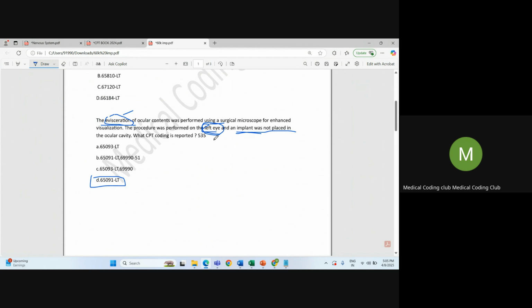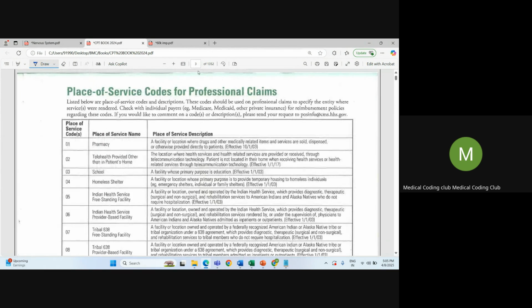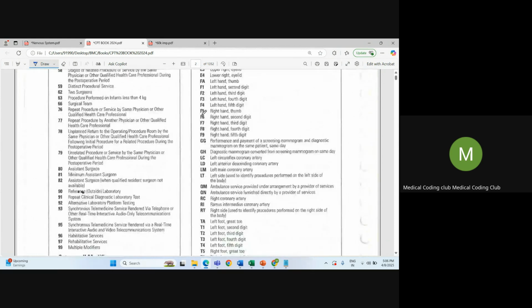Also, if they are focusing on eyelid, if any procedure they are performing on eyelid, then you should use E series modifier. E1, E2, E3, likewise you have to use. I'll show that also. See here, these modifiers you have to use.